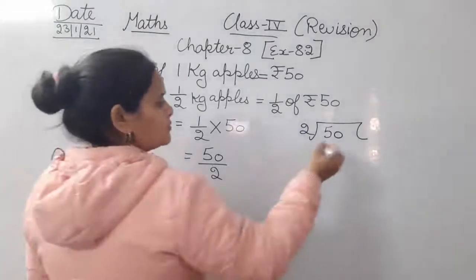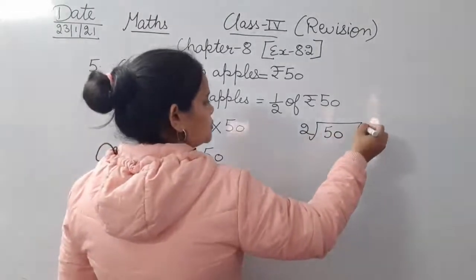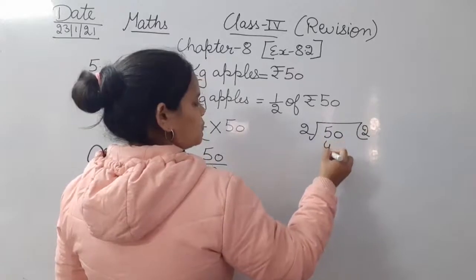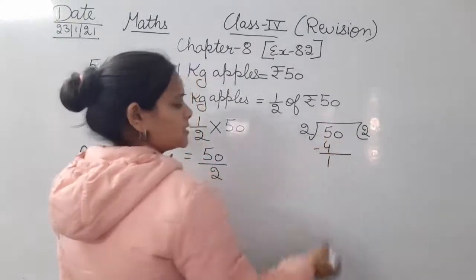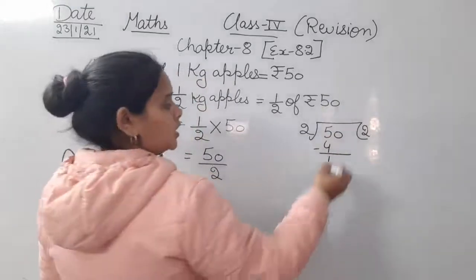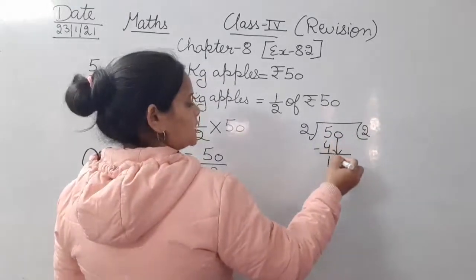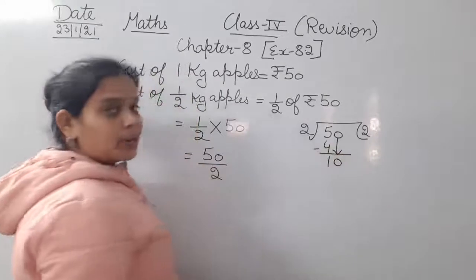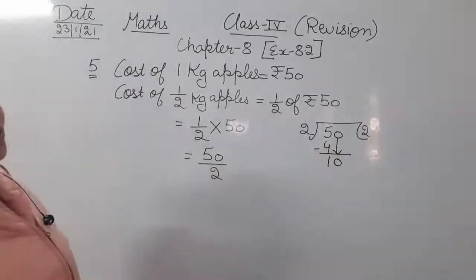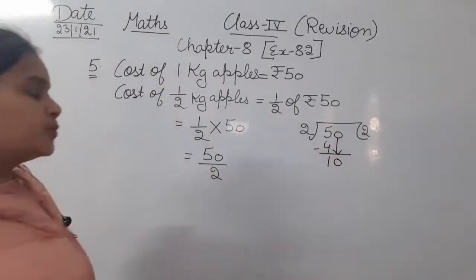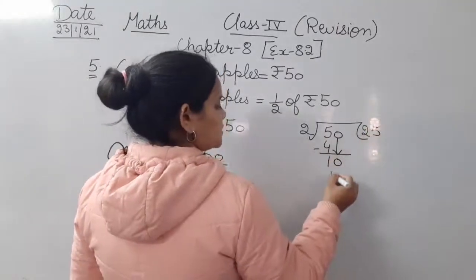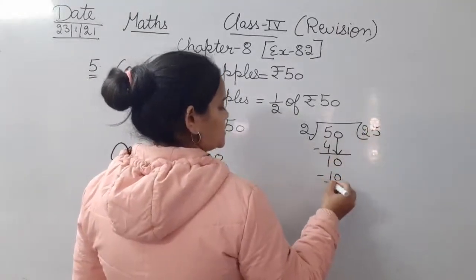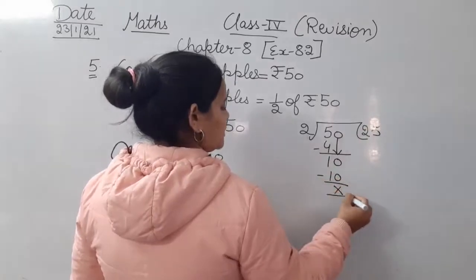50 divided by 2: 2 2s are 4. 5 minus 4 is 1. Now let's bring down another digit, 0, and it became 10. Let's divide 10 by 2. 2 5s are 10. 10 minus 10, nothing will be left.